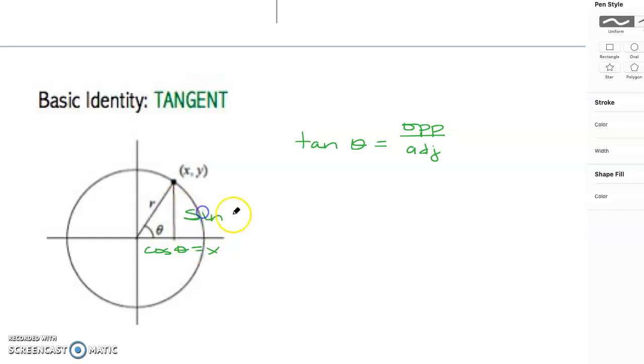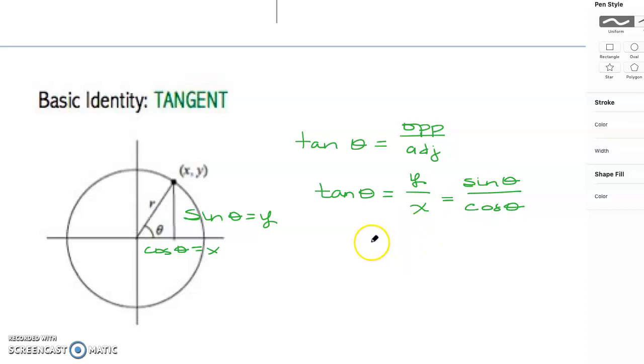So we can just do some pretty simple substitution here. If this is my angle, we can start with just our vertical and horizontal displacement. The opposite side is y. The adjacent side is x. And we know that those are equivalent to the sine of that angle and the cosine of that angle.